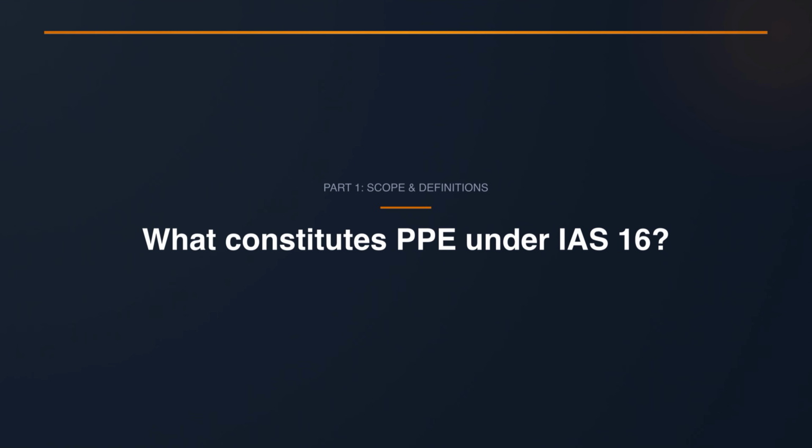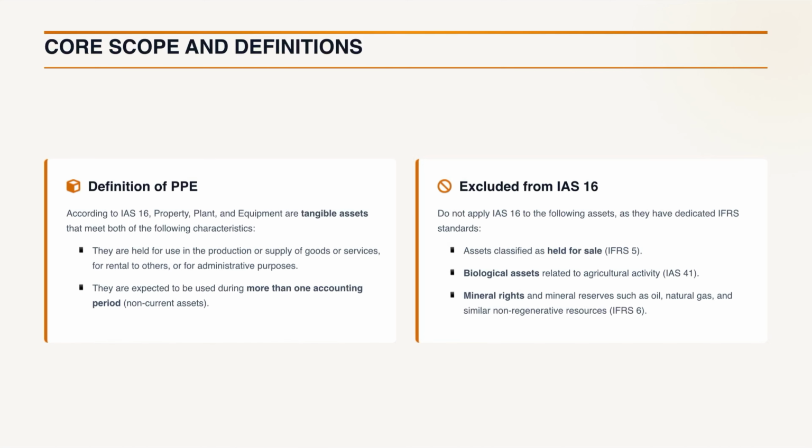Before we look at any numbers, we must understand the boundaries of this standard. Let's first clarify what actually falls within the definition of property, plant and equipment under IAS 16, and more importantly, what is excluded from its scope. Under IAS 16, property, plant and equipment are defined as tangible assets.